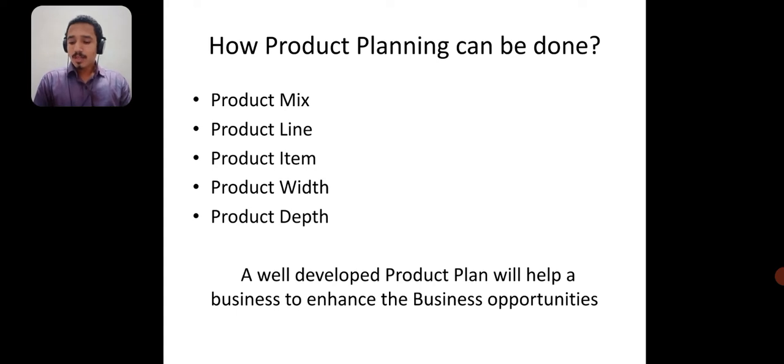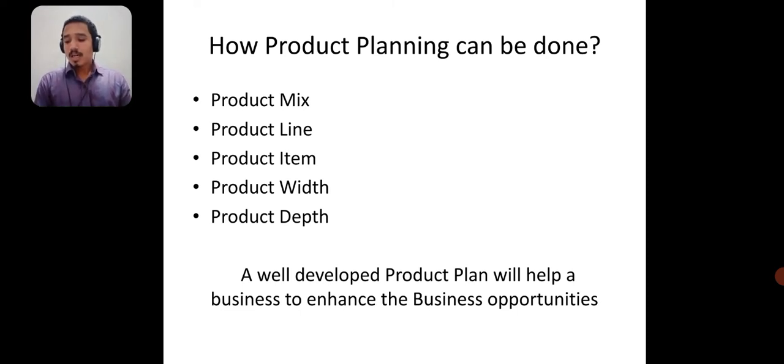Product width is the number of different product lines a manufacturer or a business sells. Product line, one line, say for example toothpaste is one line. Similarly, what kind of other products it has, that is the width, right? How many product lines it has, that is product width.